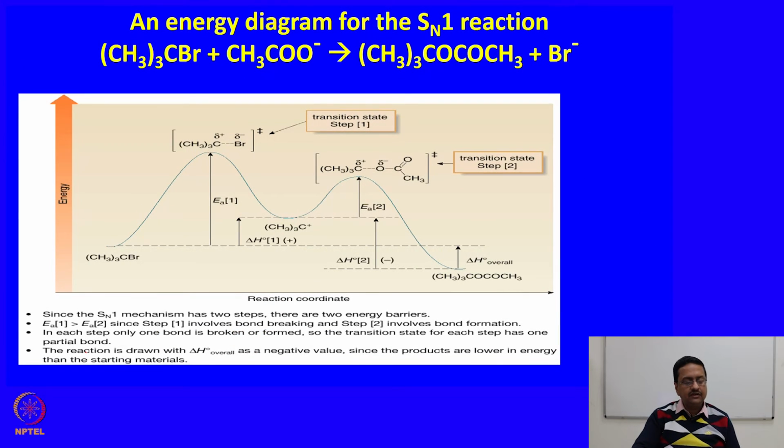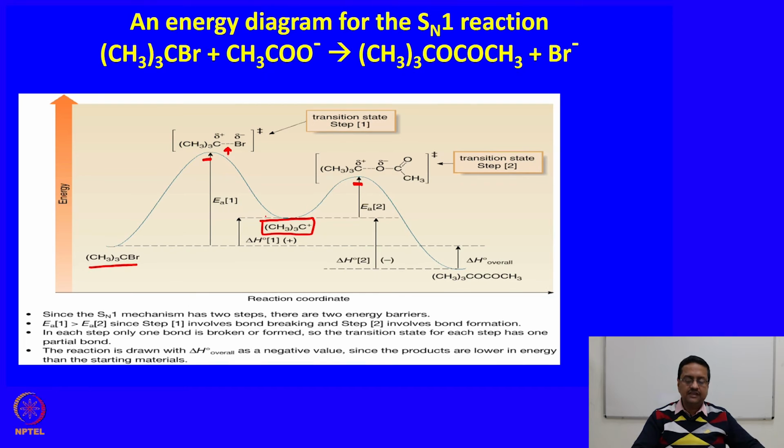So, when we try to draw the energy profile diagram for the SN1 reaction, what we see are 2 humps. The first one is when the C-Br bond is about to break. The bond gets slightly elongated in the transition state when you give some heat, and then that bond is broken and we form a stable species called a carbocation.